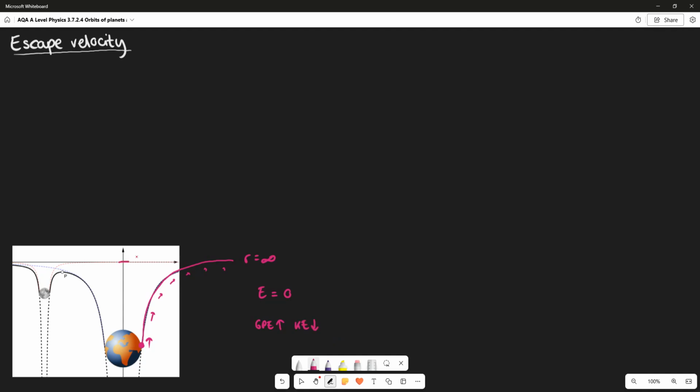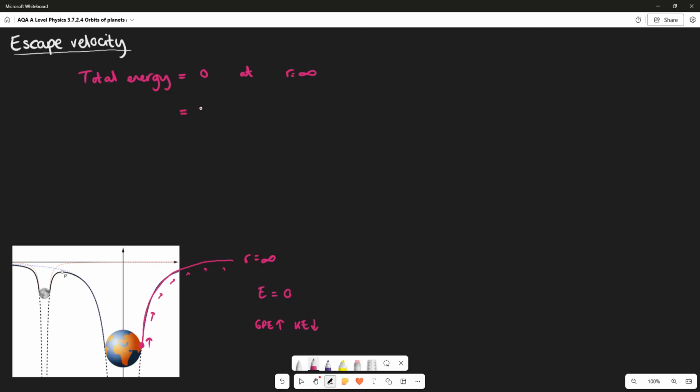Recall that this is the 0 line, and therefore everything below here has a negative gravitational potential, and therefore the total energy it has would be 0, and the radius is infinity.